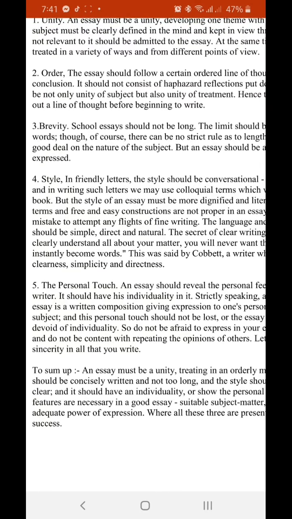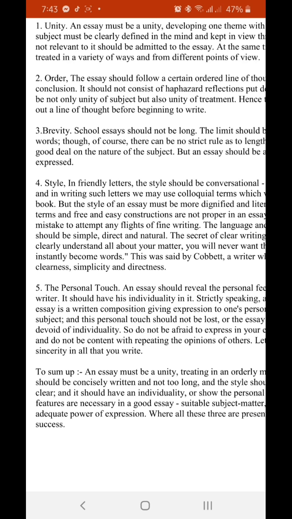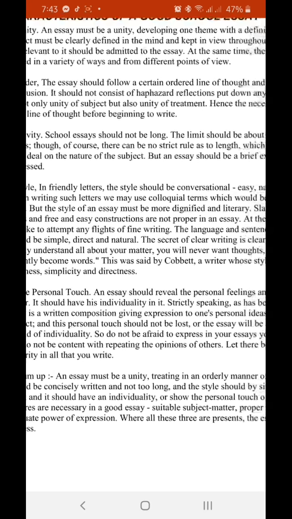Brevity is all about length, and in school writing, you know that there are some limitations, and even at this level you are given topics to write within the limits of words.